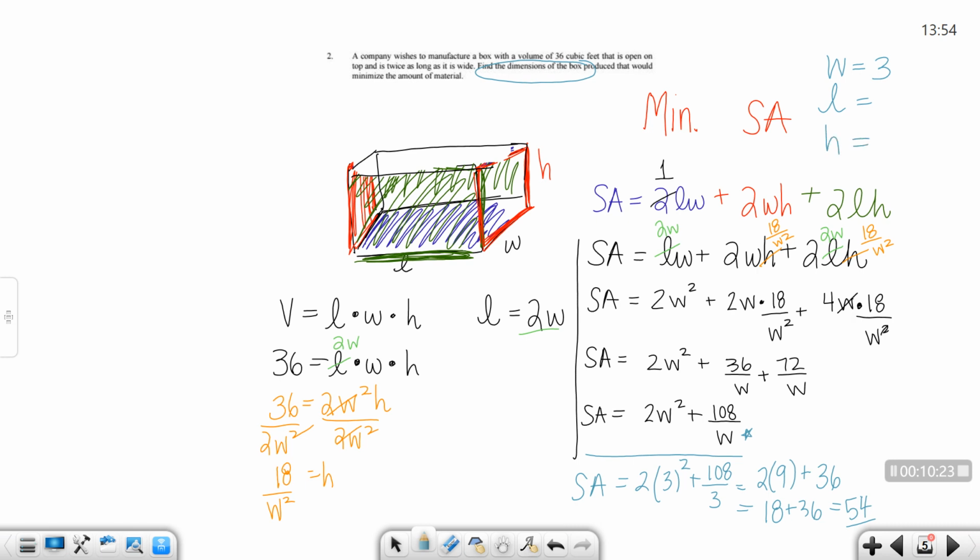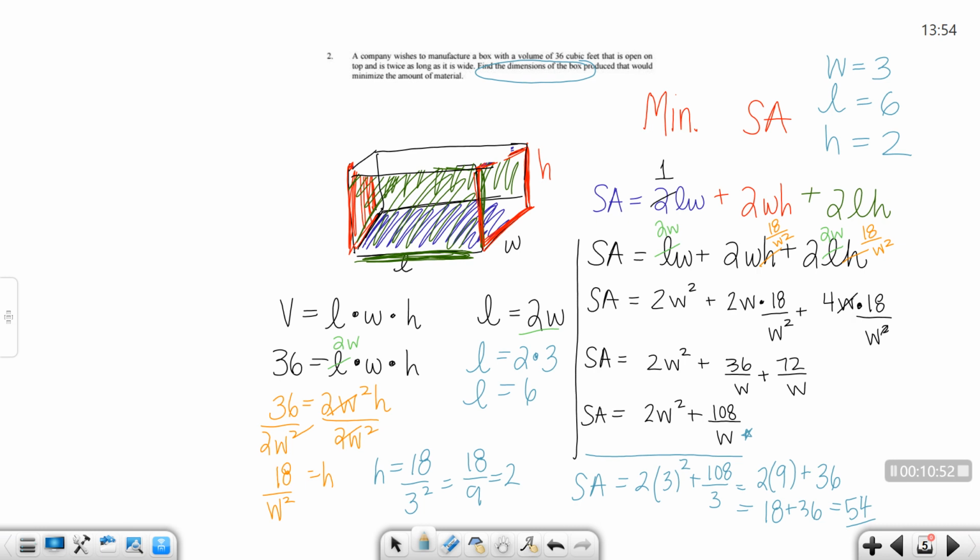So go back across the far side for a second. If W is 3, length would equal 2 times 3 right here. So length would equal 6. Okay, let's go back over here to H. If W equals 3, H would equal 18 over 3 squared, 18 over 9, which is 2.